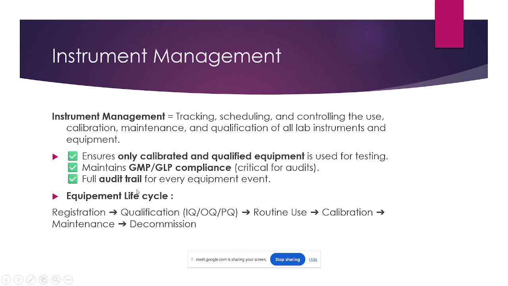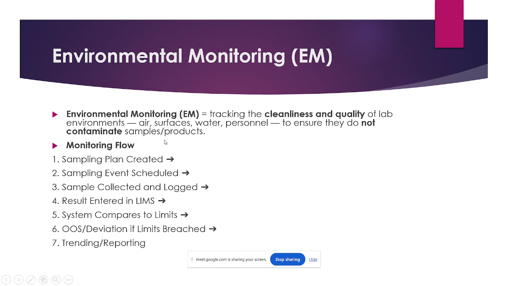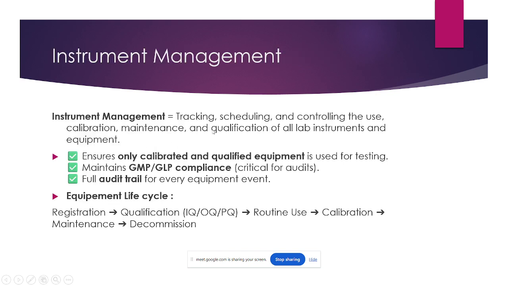Okay, coming to instrument management, same: tracking, scheduling and controlling everything, so calibration and maintenance will all be here only, in instrument management. This is the equipment life cycle in LIMS. If new equipment comes, we need to register it. After that we need to qualify the instrument, meaning IQ, OQ, PQ.